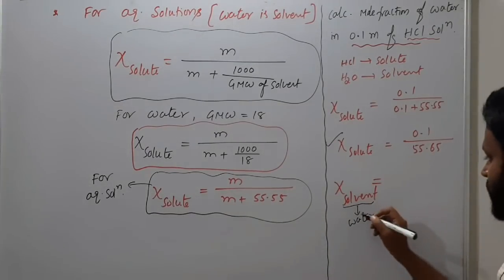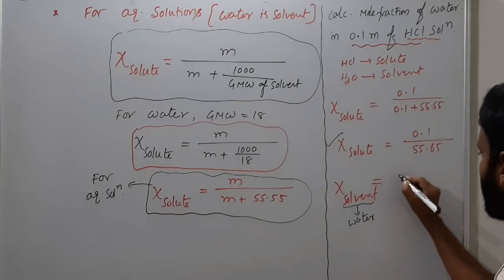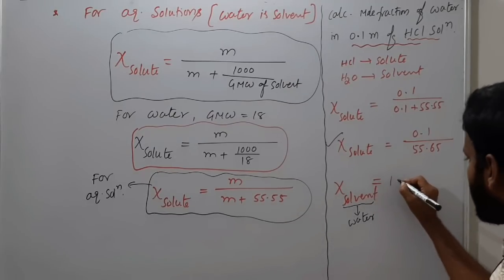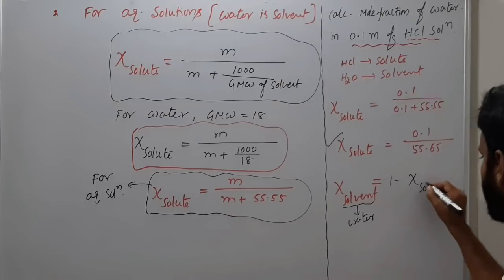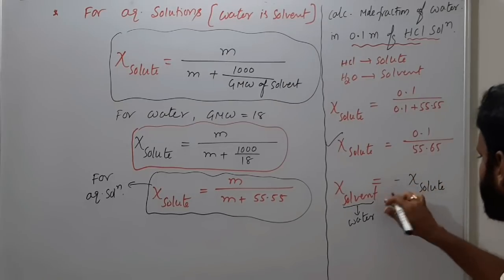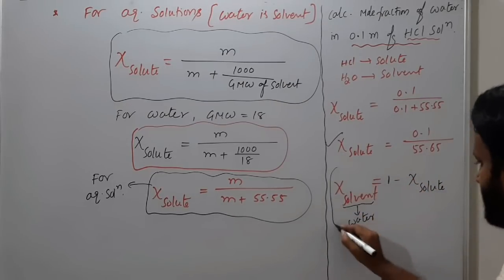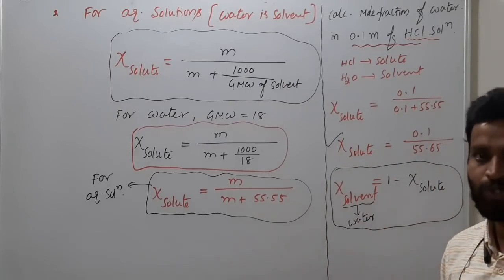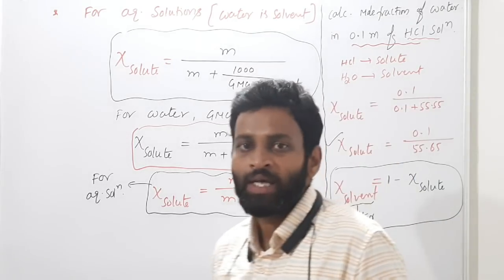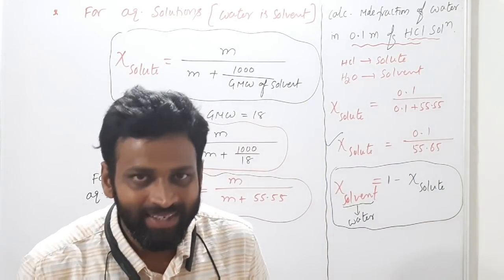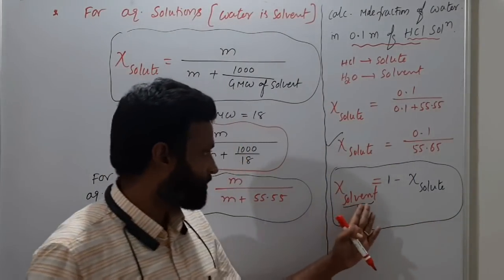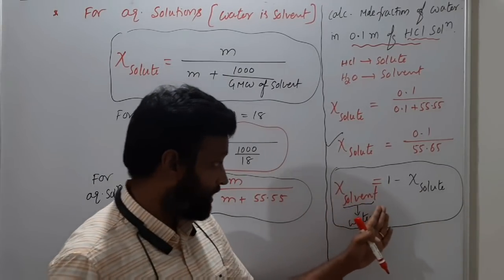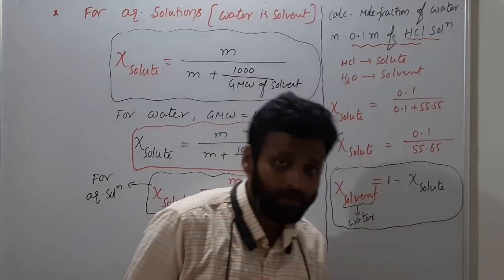So mole fraction of solvent is 1 minus mole fraction of solute. You know the sum of the mole fractions is equal to 1. Mole fraction of solute plus mole fraction of solvent is equal to 1. So for mole fraction of solvent, it is 1 minus mole fraction of solute.